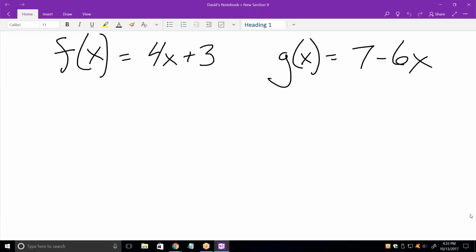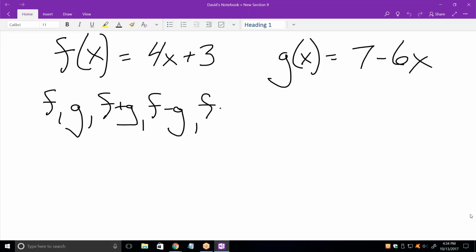And then for part A, it says find the domain of f, g, f plus g, f minus g, f times g, and then f over g. Let me make sure I keep up here. So we got the original functions, the sum, the difference, multiplication. Surely f over g is one of them.